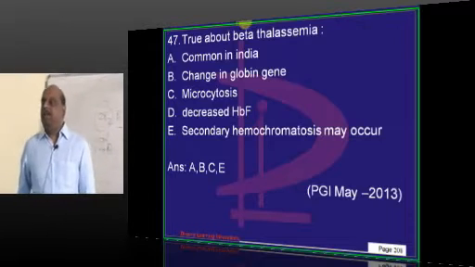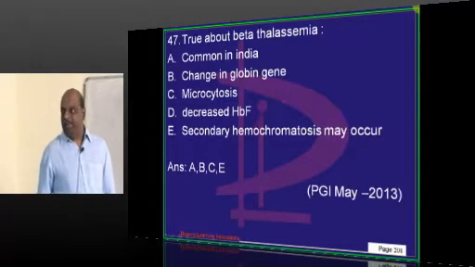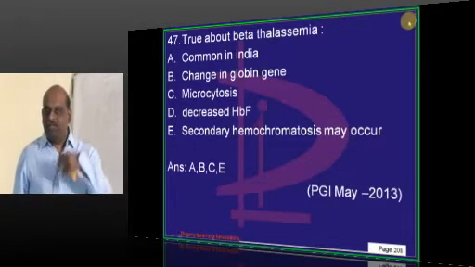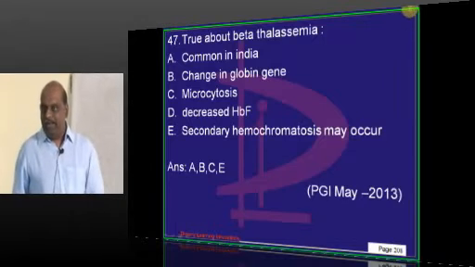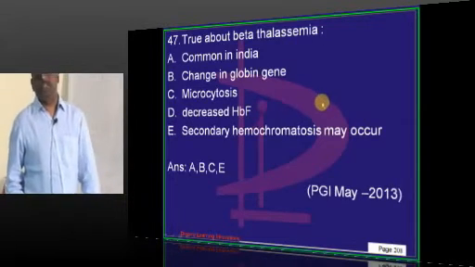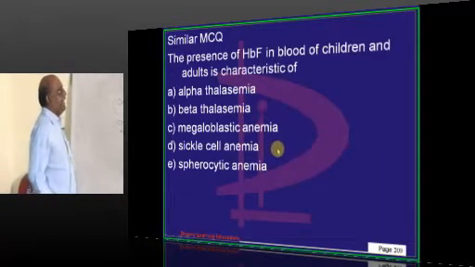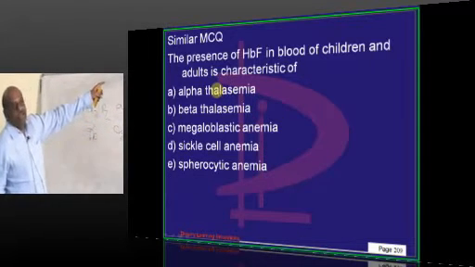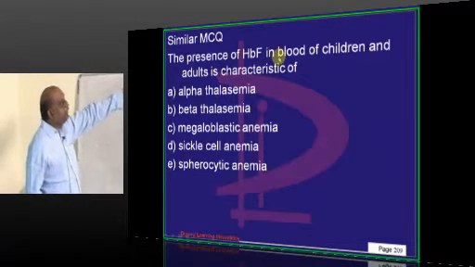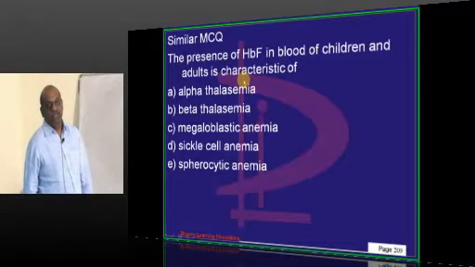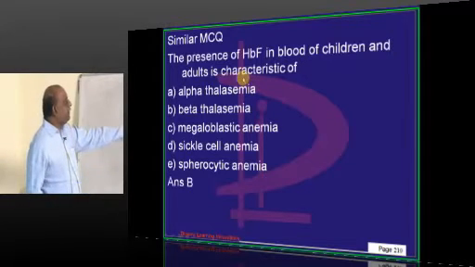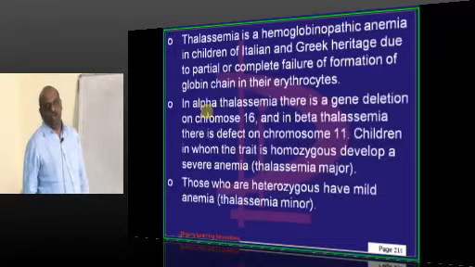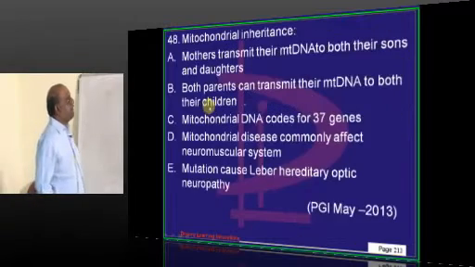And whenever thalassemia is there, we do repeated transfusions to treat the anemia, and all the transfusions bring iron overload, which leads to secondary hemochromatosis as a complication, as all of you know very well. A similar question which can be asked in the entrance is, if hemoglobin F is present, then it is more likely to be beta thalassemia but not alpha thalassemia.